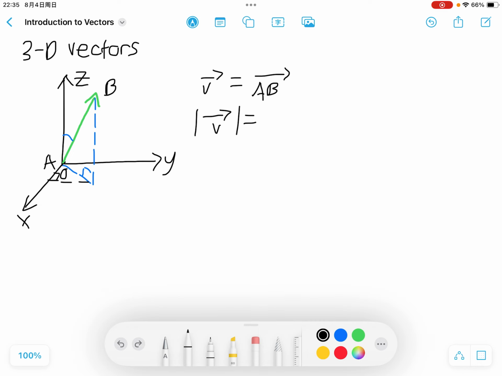We have this coordinate and this coordinate, the z coordinate, and we use the Pythagorean theorem on these two coordinates that I circled, and we get the length of AB. For the coordinates, let's assume that x is 3 units, y is 4 units, and z is, let's say, 5 units.